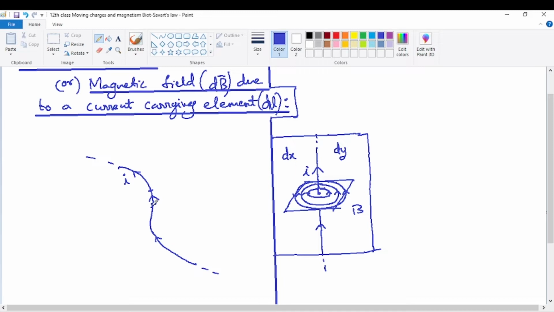This small length is denoted as dl. It is nothing but a slight increase in length. Up to here the length is L1, and up to here it is L2, so the increase in length is L2 minus L1. This can also be taken as a small portion of the conductor. So dl can be taken as a small length or as a small change in length. Both ways it can be taken.